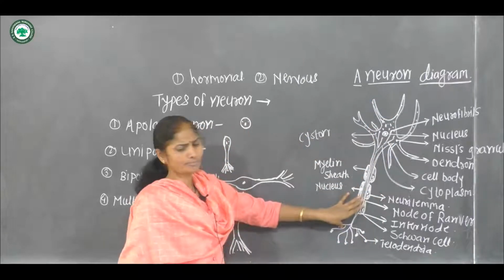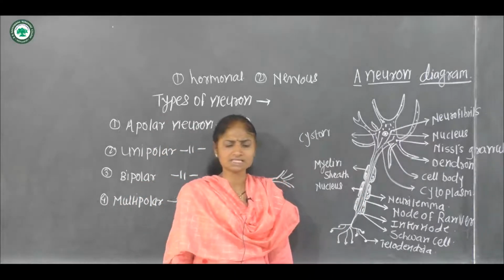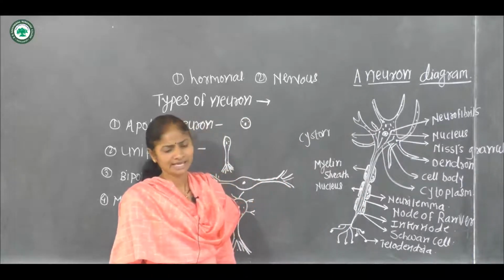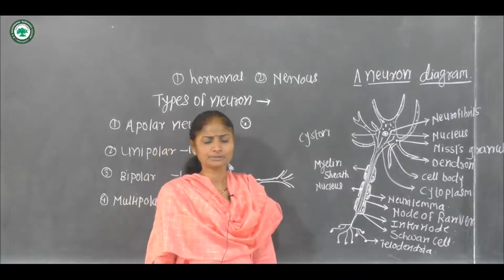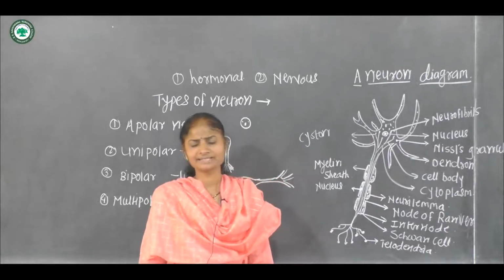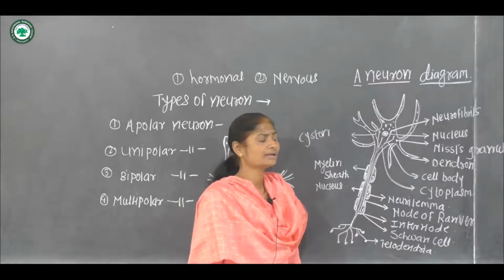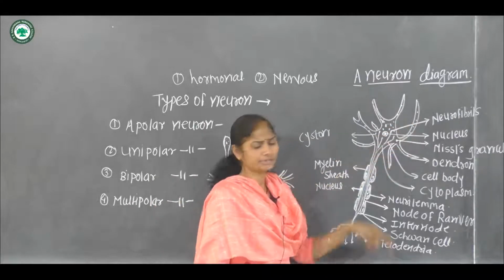The axon is a long process, and conducts impulses away from the cyton. Dendrons are also highly branched, and they contain Nissl's granules and mitochondria.